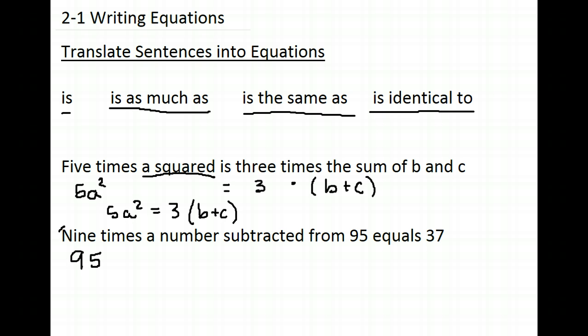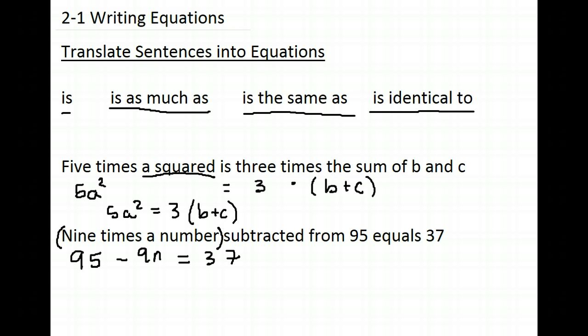Looking at just this 9 times a number, we can write that as 9n. We'll use n for our number. 95 minus 9n equals 37.